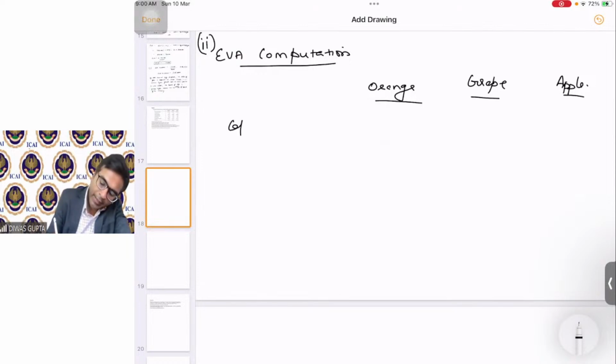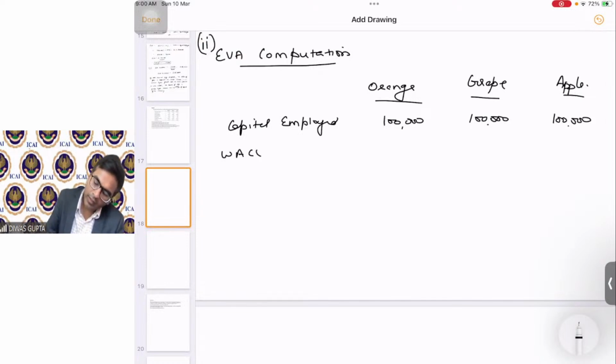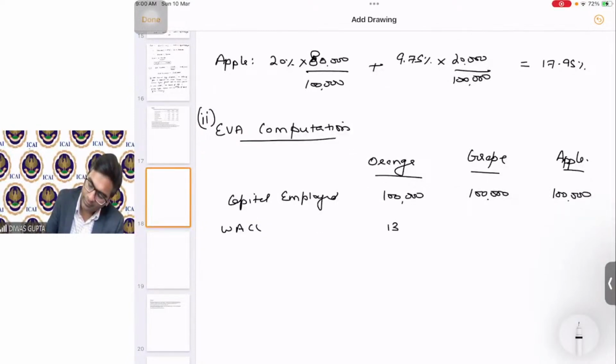So, what is the capital employed? 1 lakh, 1 lakh, 1 lakh. Correct? WACC. Just now we have computed WACC, right? 13.52%, 15.225%, and 17.95%.